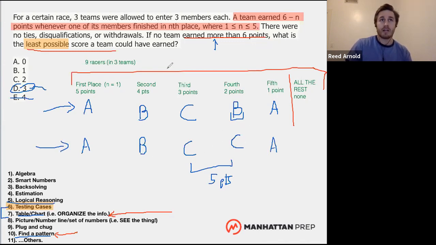The difference is that I want the least amount of points for the losing team. And this second case has more points for the losing team. Well, actually, I guess in this case, B is the losing team, but B has 4 points, which is still more than 3. Here, C is the losing team with 3, and any other case is going to have more than 3 points for the losing team.